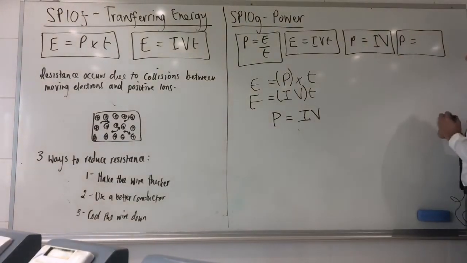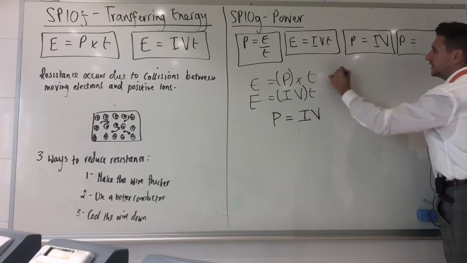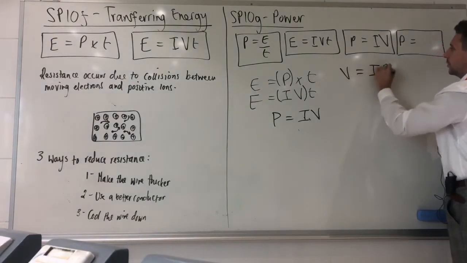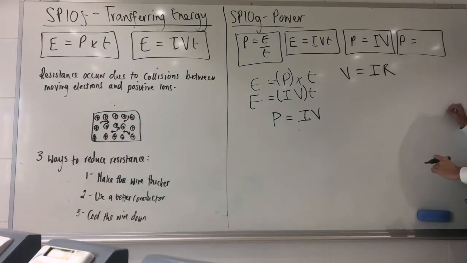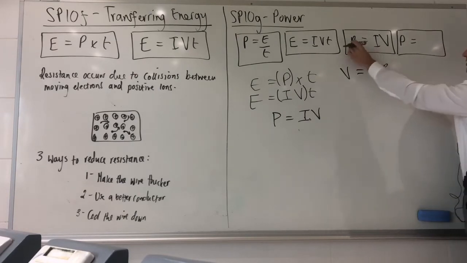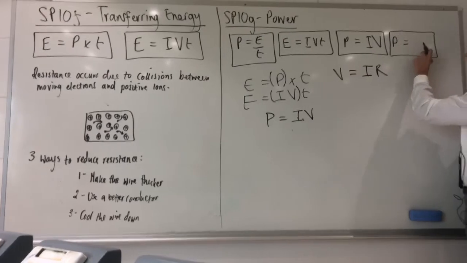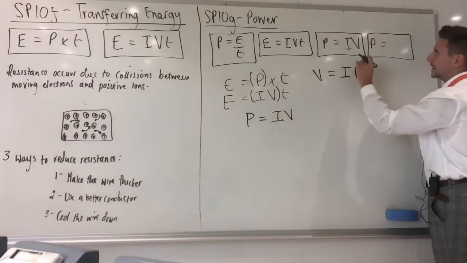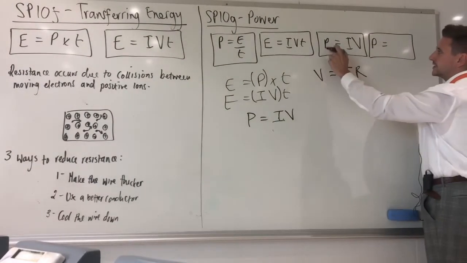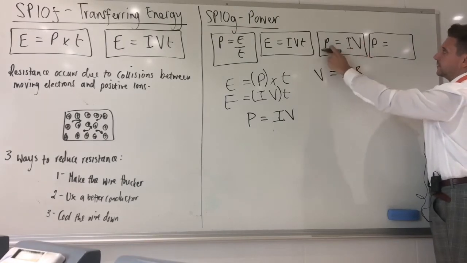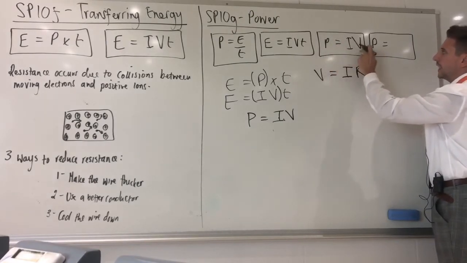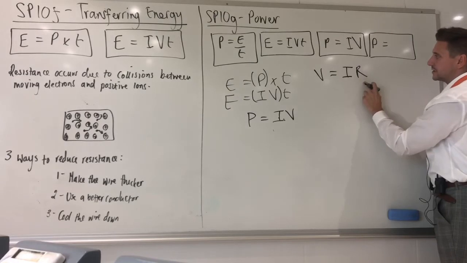Moving on from this, looking back at 10D, we had an equation for voltage which was V equals I times R. Now if I look at this equation, power equals current times voltage, I can create a new equation for power. Let's say in the exam I have been asked for power, I have current, but I don't have voltage, I may have resistance.